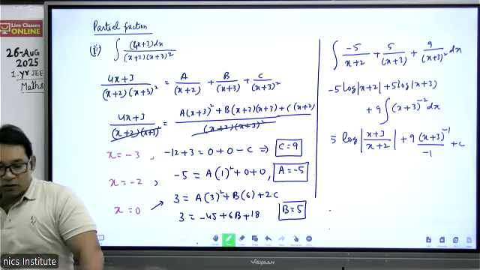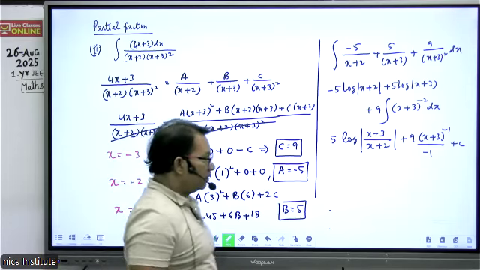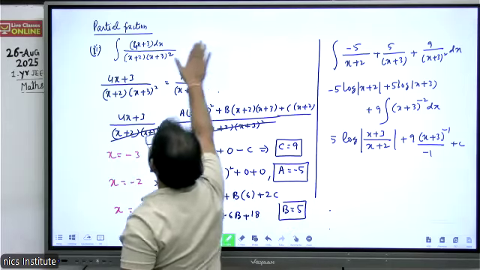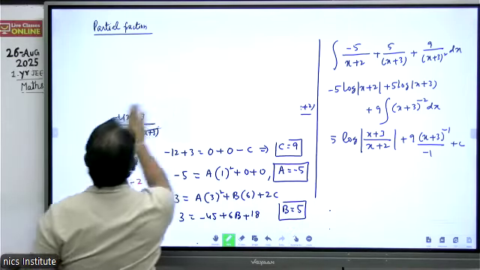Then you come across those questions in which one linear factor is there, another quadratic, which is not factorizable. Type 3.